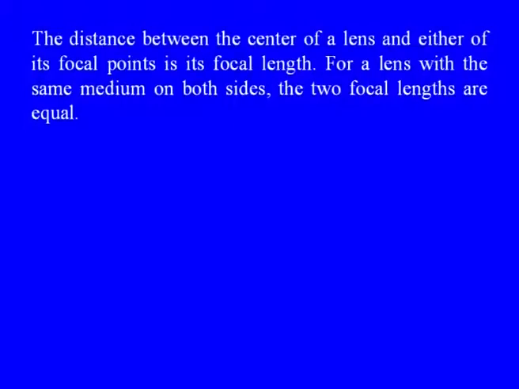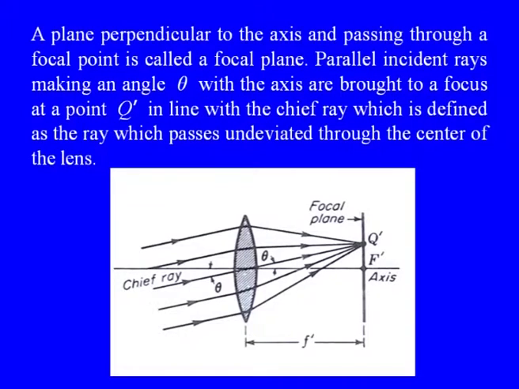Now, the distance between the center of a lens and either of its focal points is its focal length. For a lens with the same medium on both sides, the two focal lengths are equal. A plane perpendicular to the axis and passing through a focal point is called a focal plane.